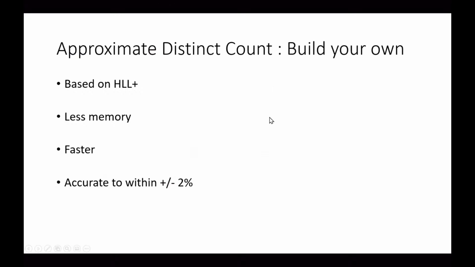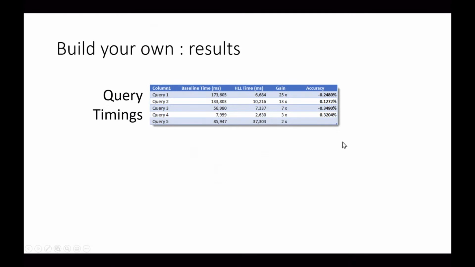So let's have a look at what the results were. I had 5 different types of queries, similar to what I showed you in DAX Studio. Some of these queries had a high cardinality, others had lower cardinality. Query 1, which gave me the most impressive results, was simply to group my 50 billion rows by year over 3 years and give me the distinct number of users.